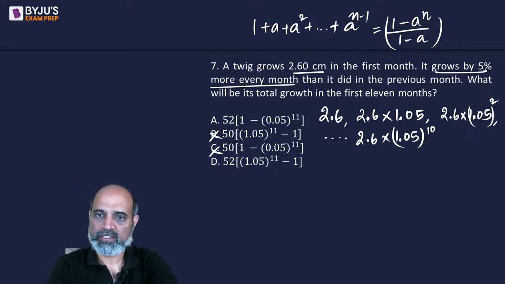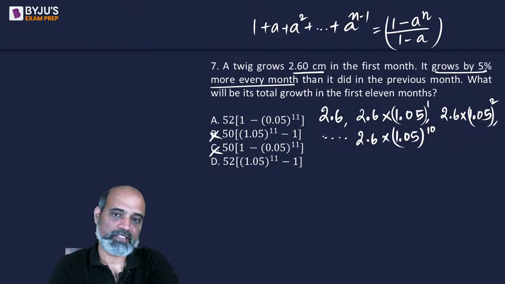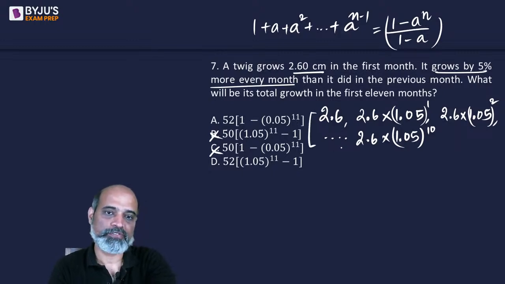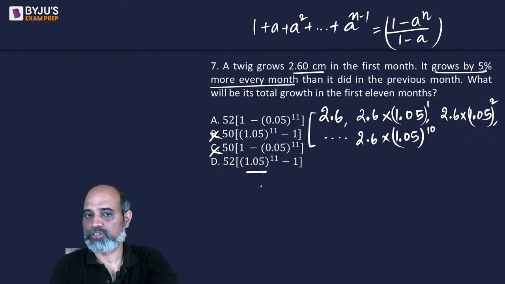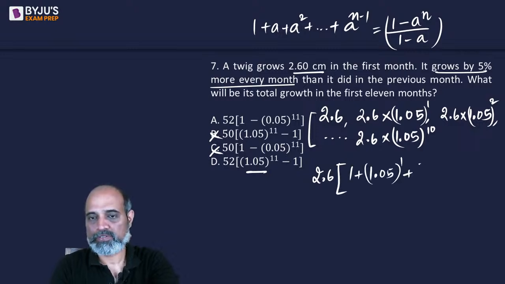Same logic. If you're talking about the second month, the power is 1, third month power is 2, so 11th month the power is 10. Now we're supposed to add all of this, and when we add, it will end in 1.05. It won't have 0.05, right? Same formula लगाओगे तो 2.6, if I take out common, I will have 1 plus 1.05 whole to the power 1 plus 1.05 whole to the power 2, and this continues, and then finally we will have 1.05 whole to the power 10.